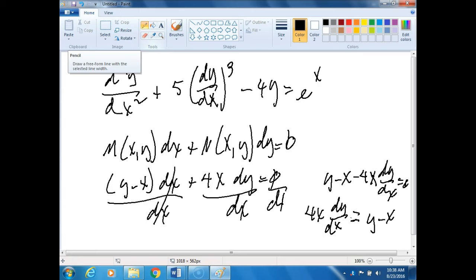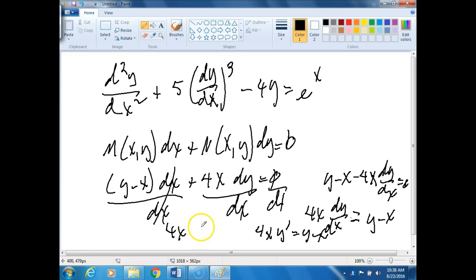Yeah, and then this could be written as 4x y prime is equal to y minus x. They got it wrong here.